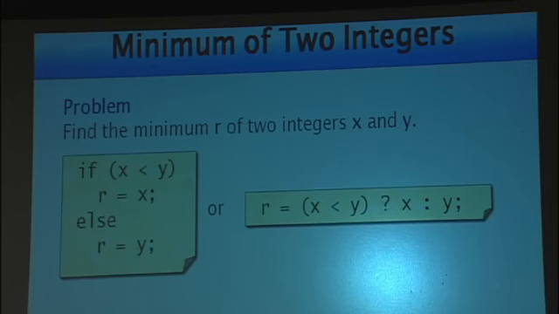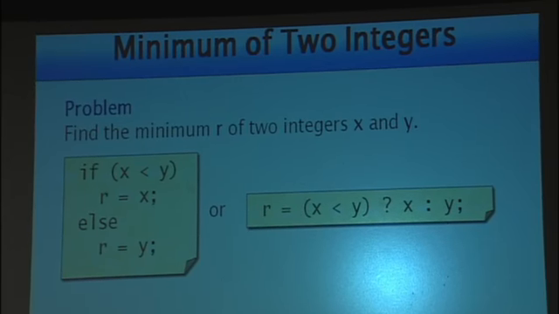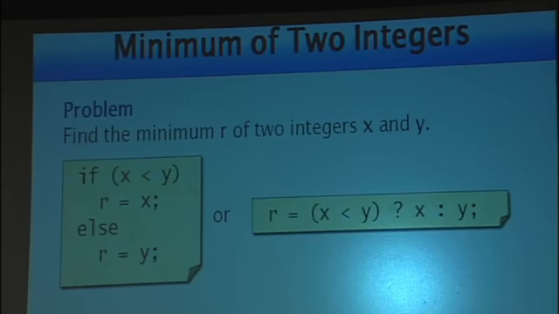Otherwise, the result is y. Seems pretty straightforward. Or if you know a little bit more C, you can write it with this sort of cryptic form: if x is less than y, then x else y. Those are two equivalent C ways of doing things. So what's wrong with that?